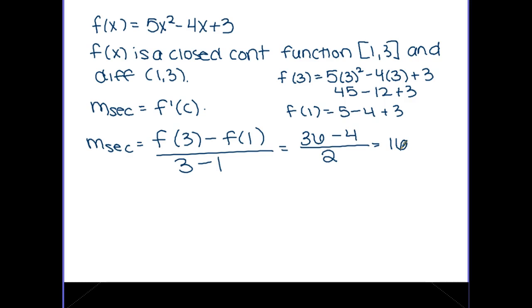The slope of the secant has to equal the derivative, where instead of x's, it's c's. So 5 times 2 is 10 minus 4.